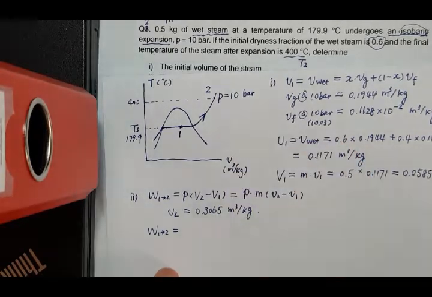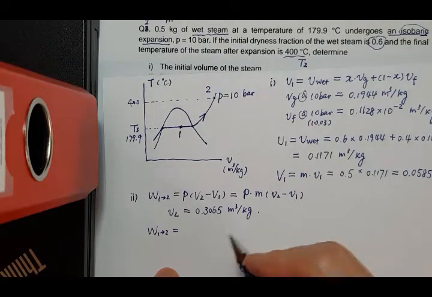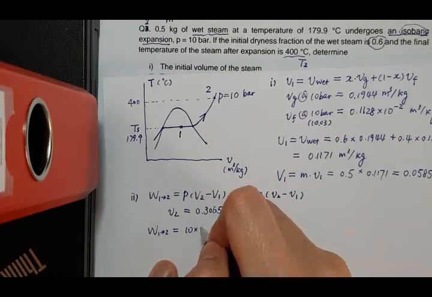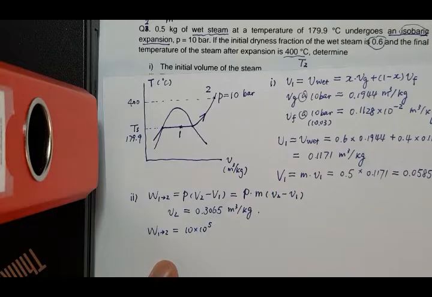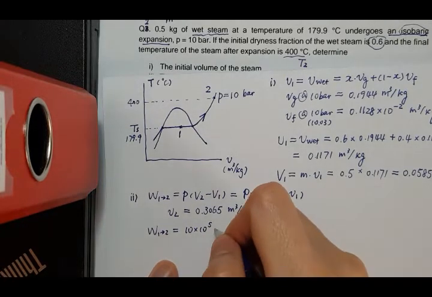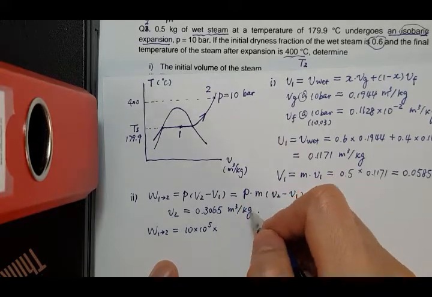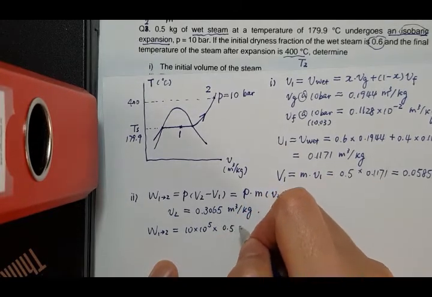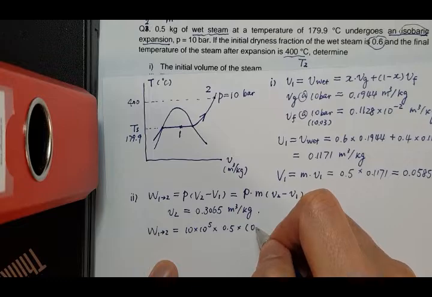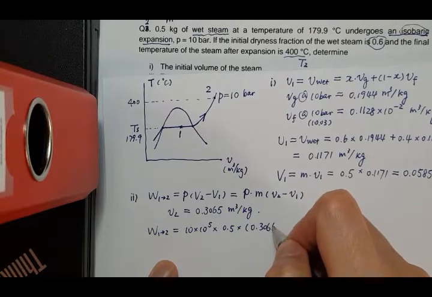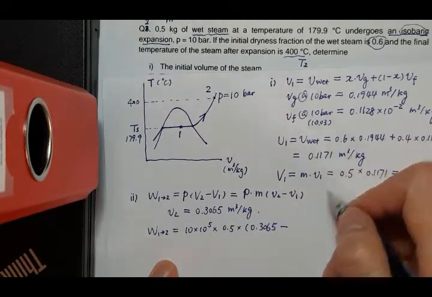So pressure is 10 bar, so 10 times 10 to the power of 5 Pascal, times m, 0.5, times v2 minus v1.